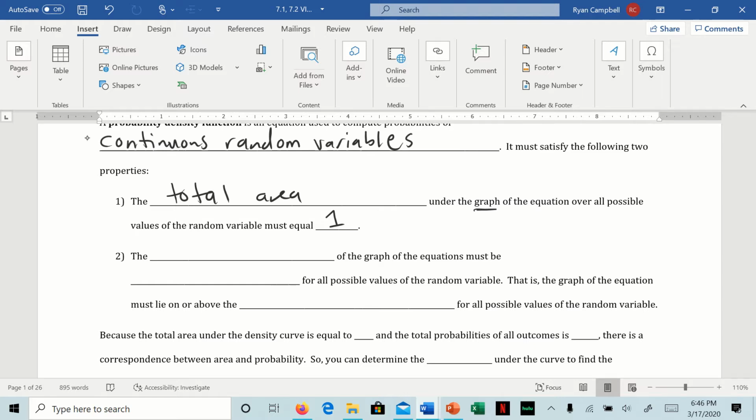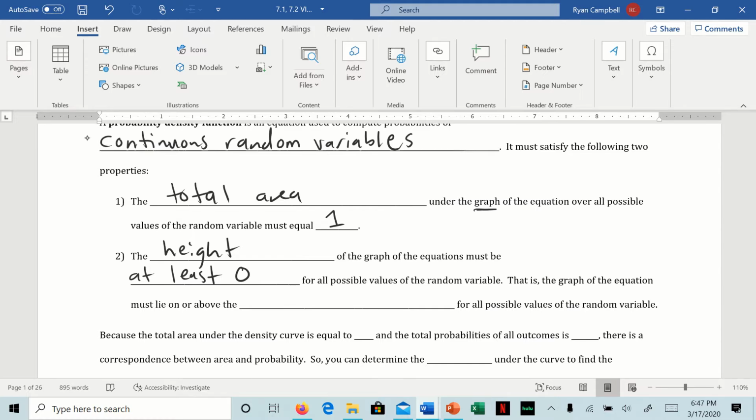The second thing is that the height of the graph of the equation must be at least 0. Remember, that means 0 is the least it can be. No more or no less than 0. Good.